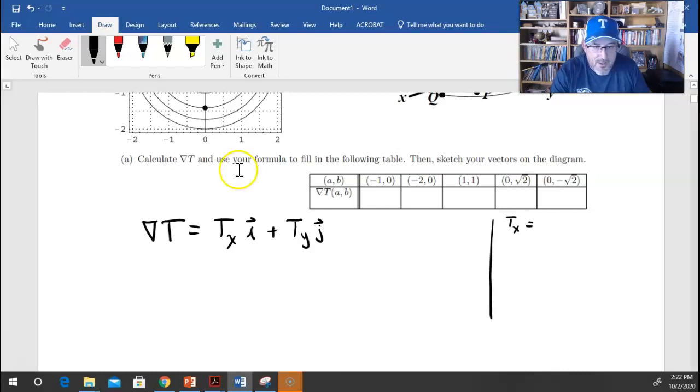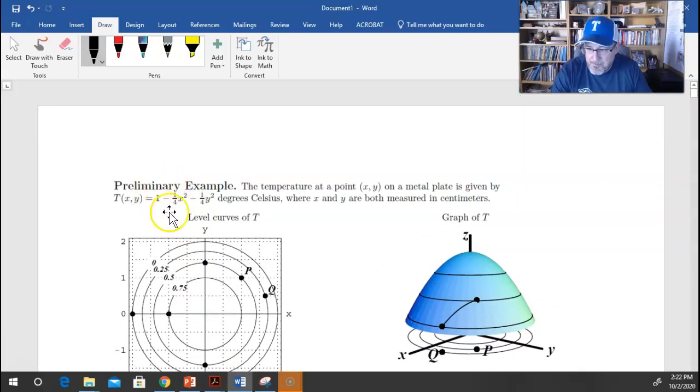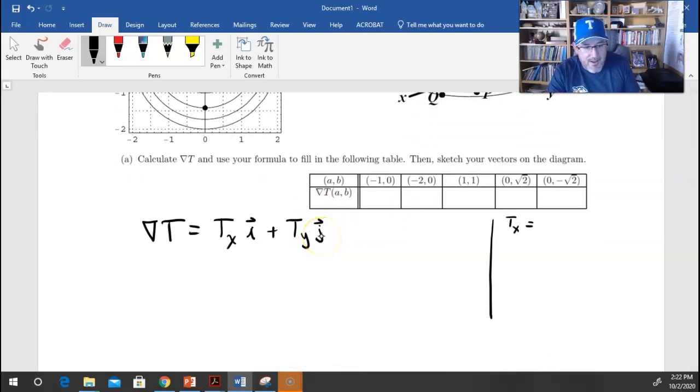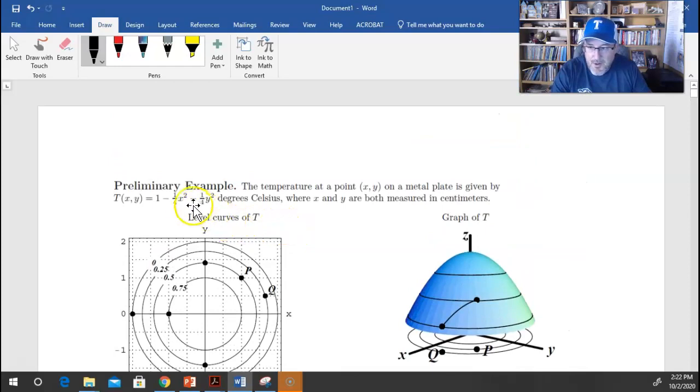Let's start with the partial derivative with respect to x. If we're taking the derivative with respect to x, only x is changing, y is being held constant, and so the partial derivative is really just going to be the derivative of this term. By the power rule, the 2 comes out front, decrease it by 1, so 2/4, a half, x to the first. So negative a half x. And then likewise, except reverse, we're now going to hold x constant and just allow y to change.